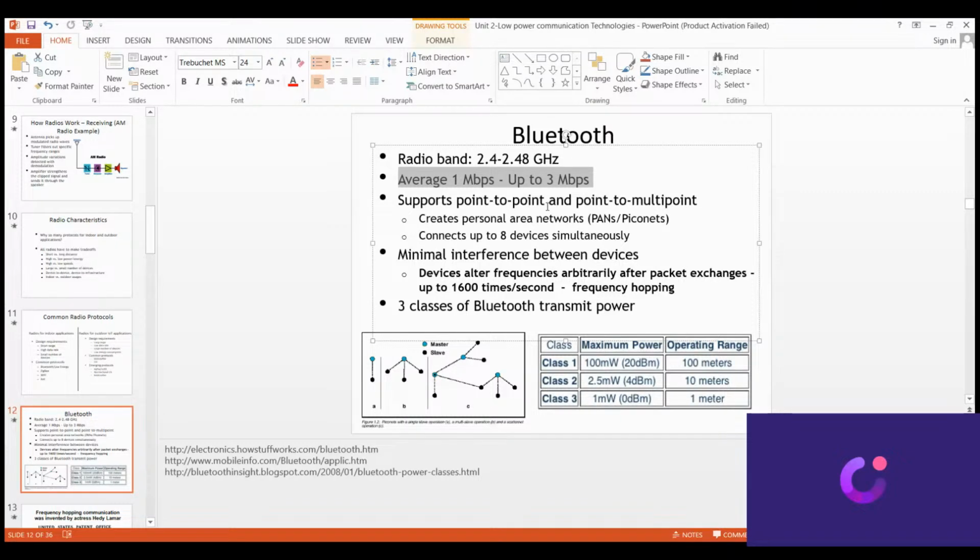Mostly Bluetooth supports point-to-point as well as point-to-multi-point communication.